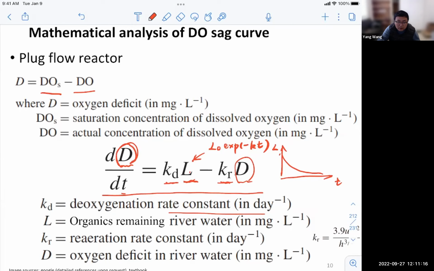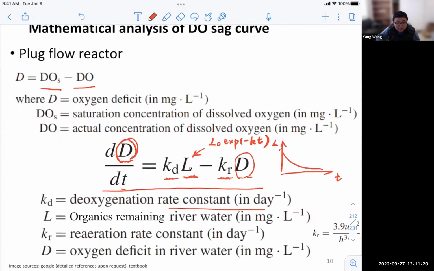Now for this differential equation, if you want to find its final solution, on the one hand you need to find the analytical expression, but at the same time you need to know the initial condition. Basically, you need to know what the oxygen deficit is at time equals 0.